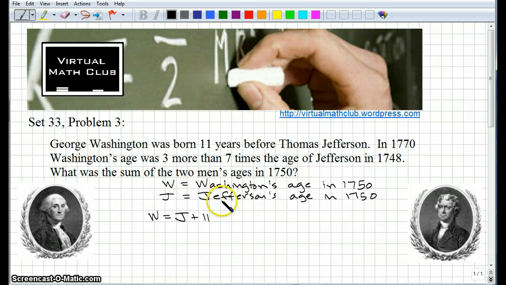In 1770, Washington's age. Now 1770 is 20 years after 1750.